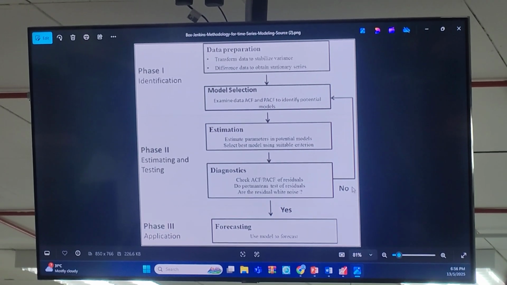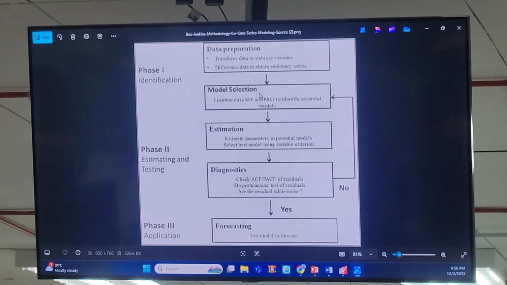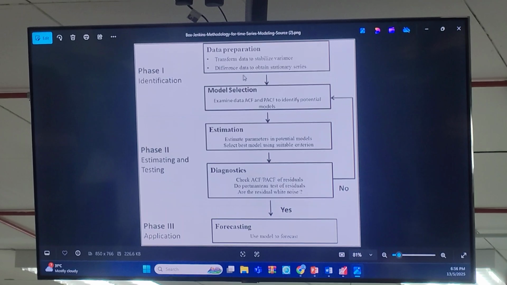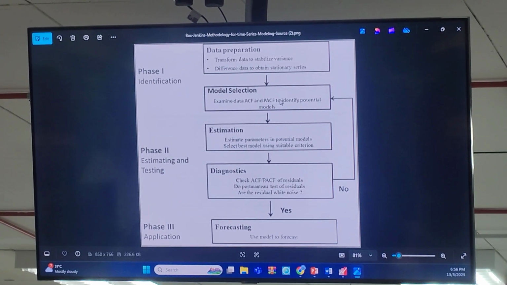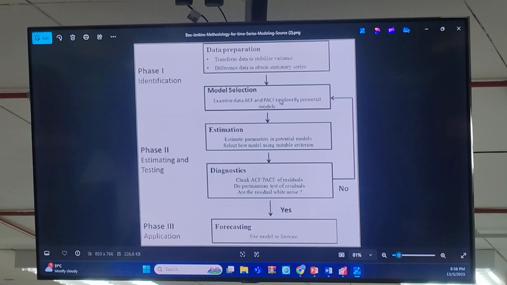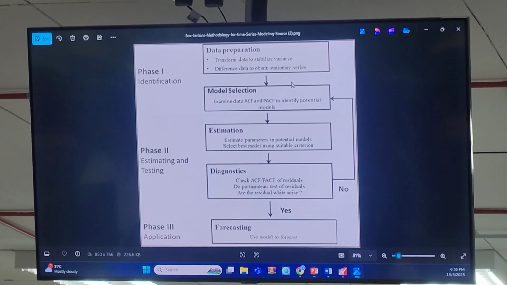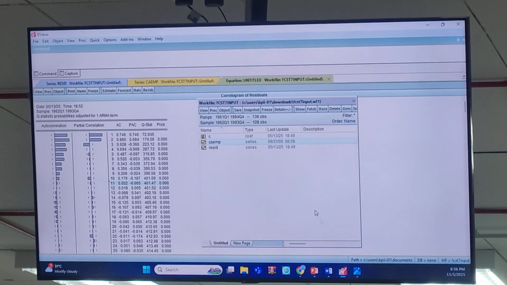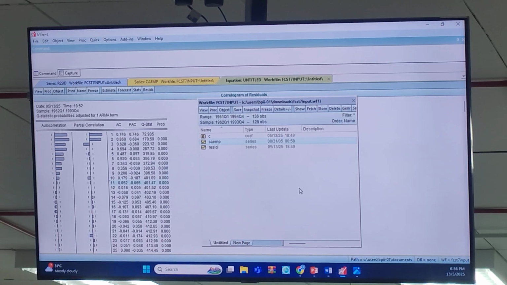The answer is no. So you have to go back and adjust to another model. But this one, we are not selecting the model based on the ACF, we just try. If you select the model based on the correlogram of the series, it would be AR2, not MA. We just want to see, for the purpose of discussion. So MA1 is not adequate; you should not use that model.